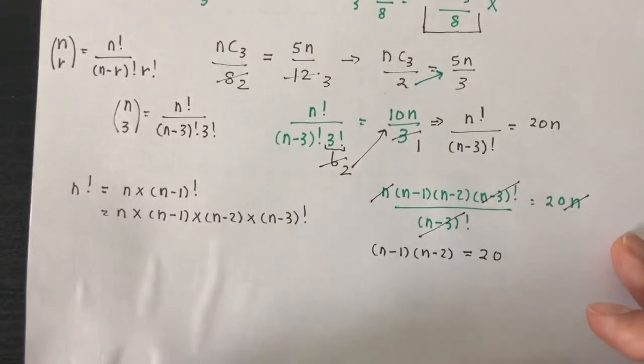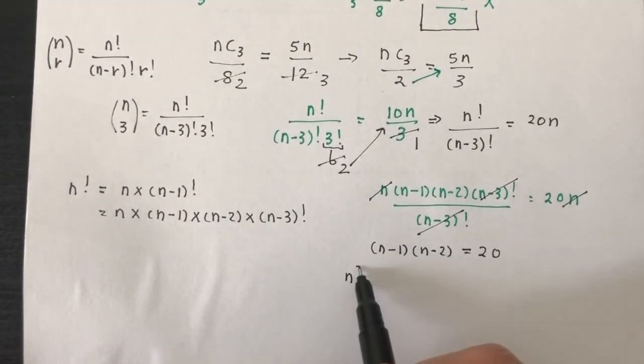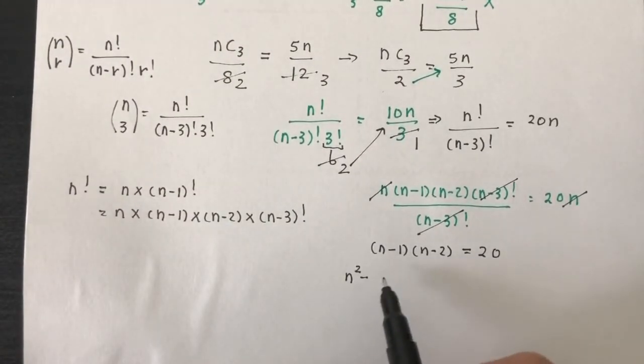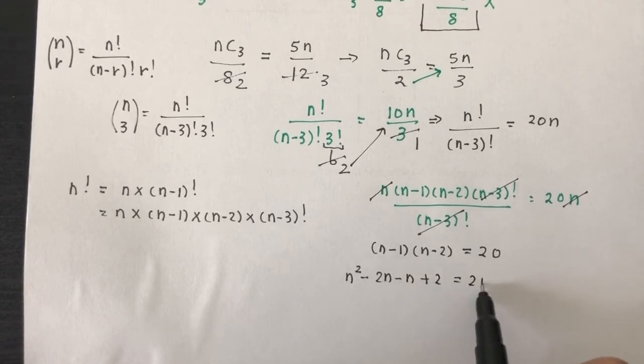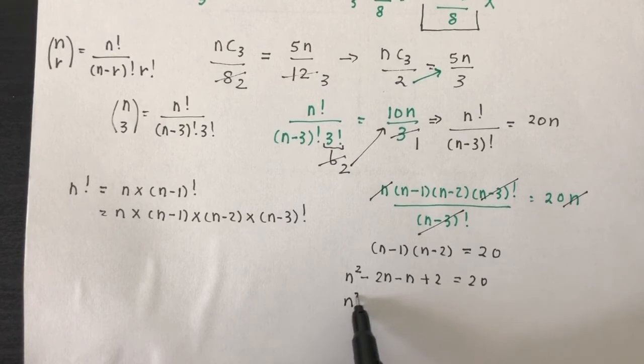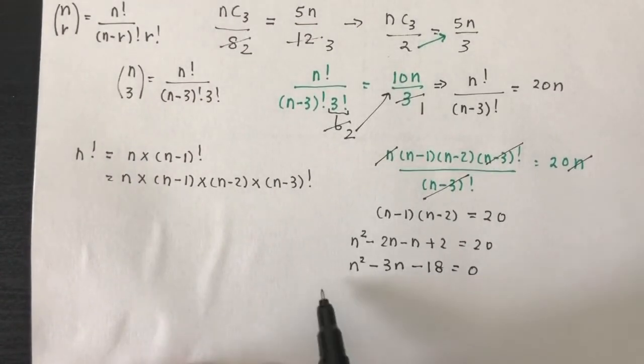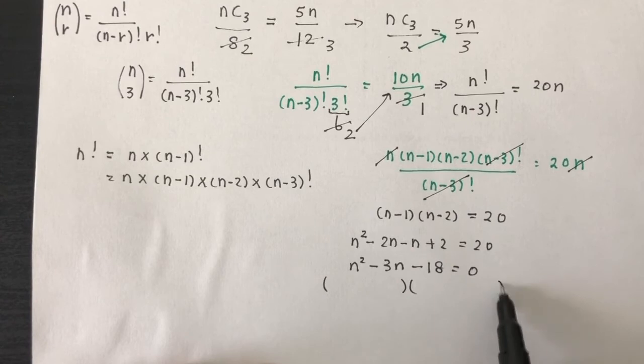Now we have to expand this. That will become n squared minus 2n minus n plus 2 equal to 20. Now n squared minus 3n plus 2 minus 20, that should be minus 18, equal to 0. Now let's simplify this. 2 brackets as always. n times n. 18 is what?